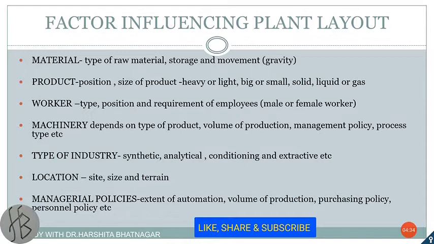Next, type of industry. What type of industry do you have? Like synthetic, analytical, conditioning or extractive. It can be of any type. Like if you are extracting something, that is iron from the iron ore, or you are conditioning, or you are extracting the material at each and every step, like when sugar cane is input then different products like molasses are produced at different steps.